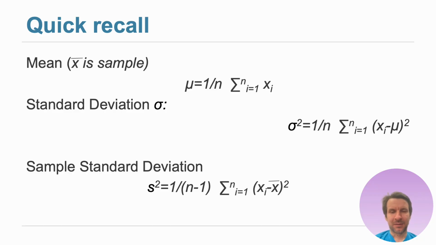And by dividing by n minus 1, if you have fewer samples, your deviation will be a little bit bigger. So it's somehow a penalty for not knowing what the true mean is, and if you have fewer samples, you try to correct for this.